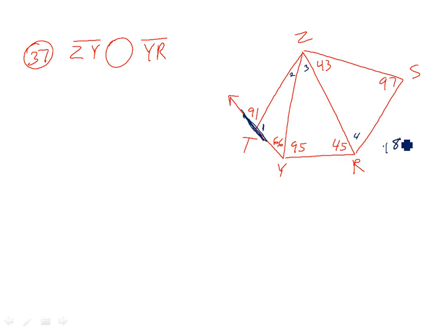So 180 minus 91, you might want to get out some calculators. What's 10 minus 1? Tristan, what's 10 minus 1? 9. 7 minus 9? Can't do it, can you? So you gotta borrow. What's 17 minus 9? 8. So what's the measure of angle 1 right here?